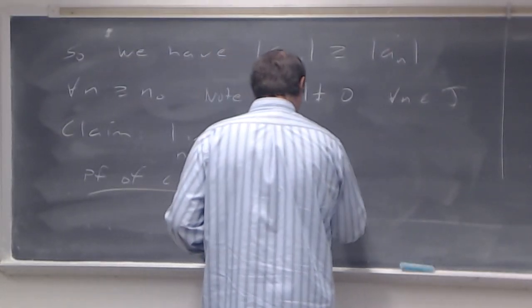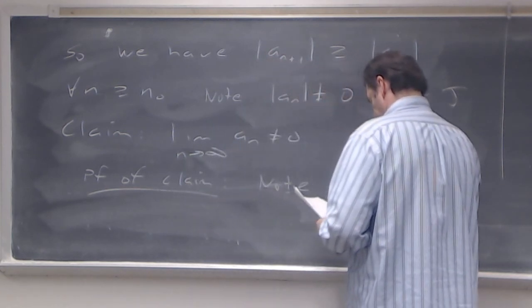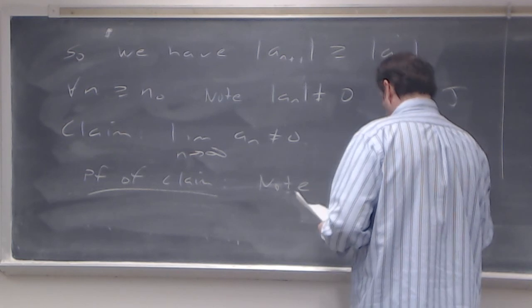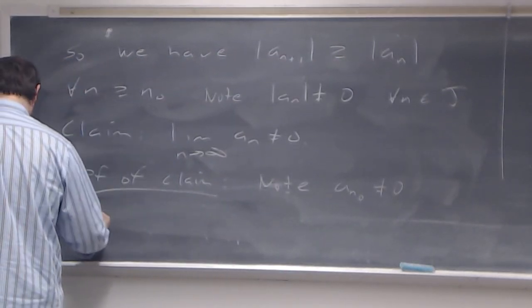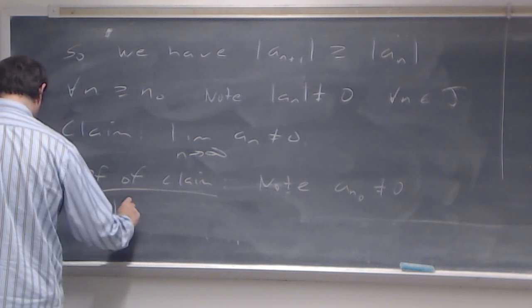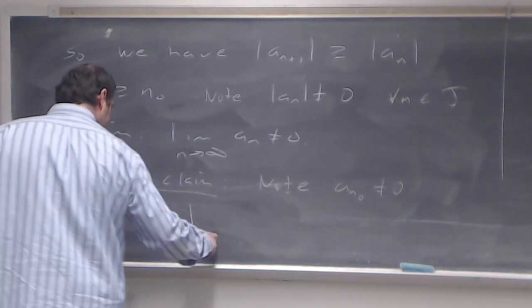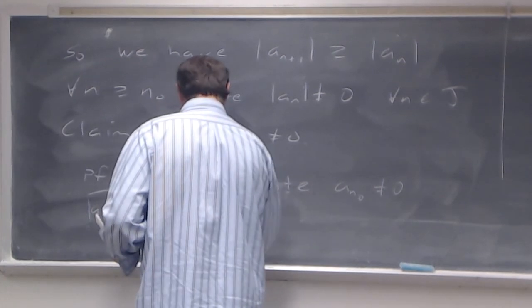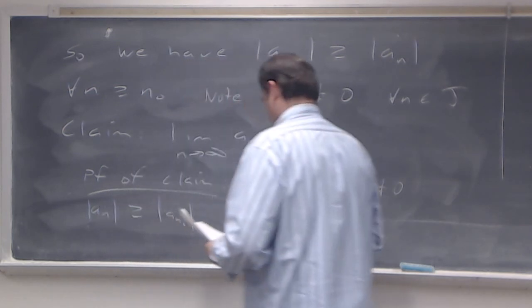Now, note, a sub n sub 0 is different from 0. So we have that the absolute value of a sub n is greater than or equal to the absolute value of a sub n sub naught, and this is true for all n greater than or equal to n sub naught. Okay?